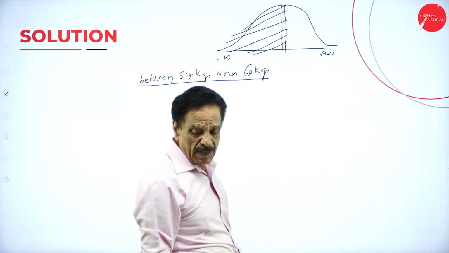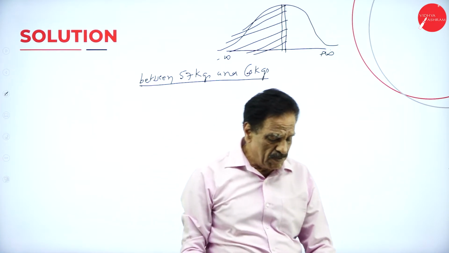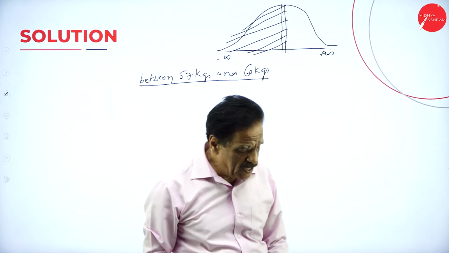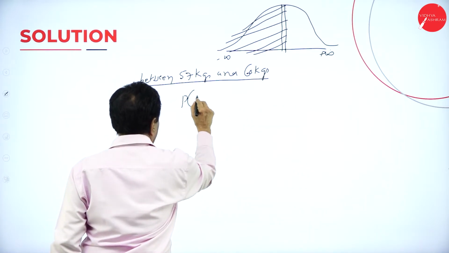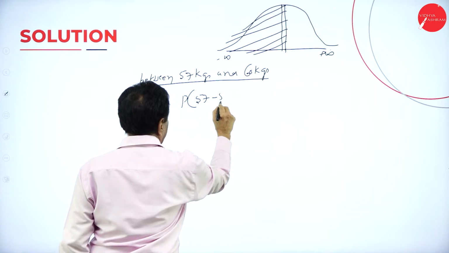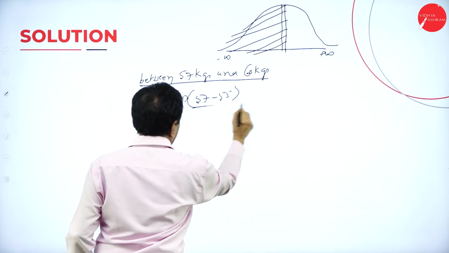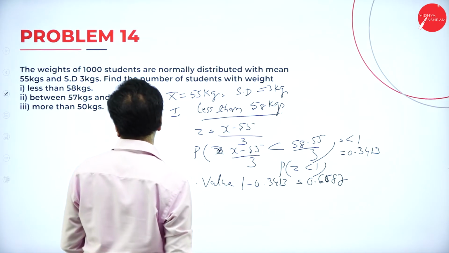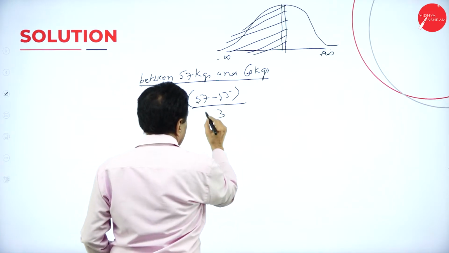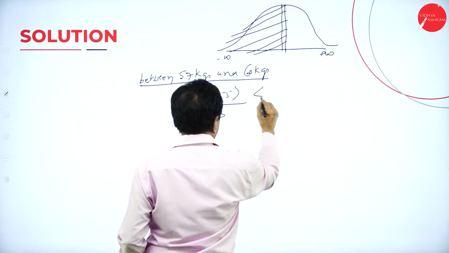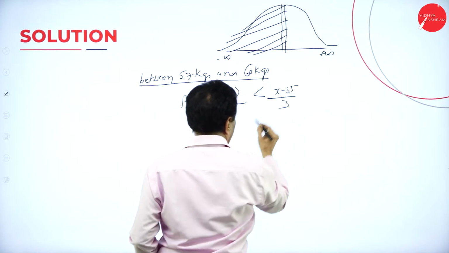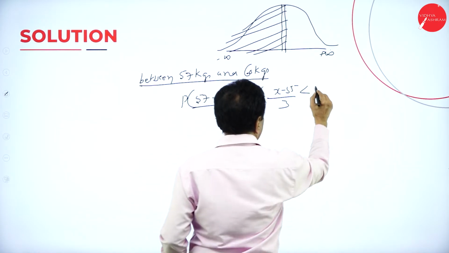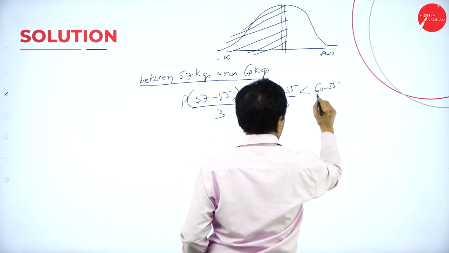You must be careful. P of 57 minus 55 divided by your standard deviation 3, less than x minus 55 divided by 3, less than 60 minus 55 divided by 3.